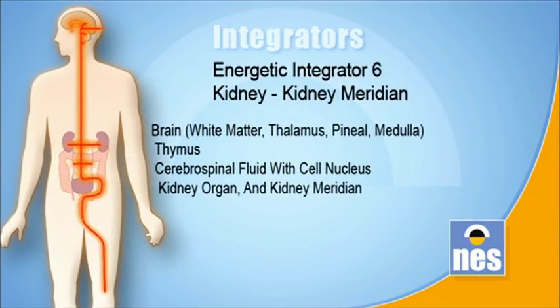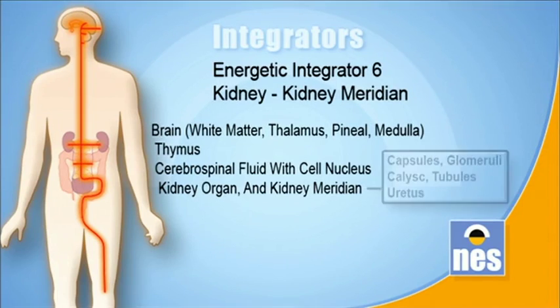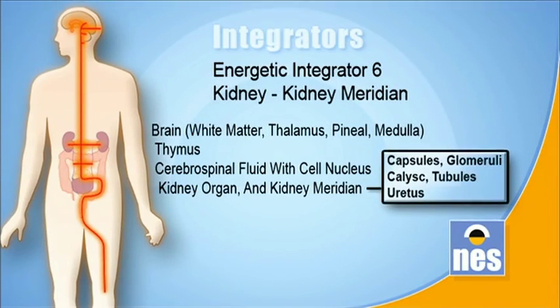This is sometimes called the Kidney Integrator. Could have been called anything, but we've called it kidney because that's what it was called in Chinese medicine. We've got the capsules of the kidney, the glomeruli, the calyx and tubules, as well as the ureters, but not the bladder. So it's the whole kidney structure going down, but it stops at the bladder.